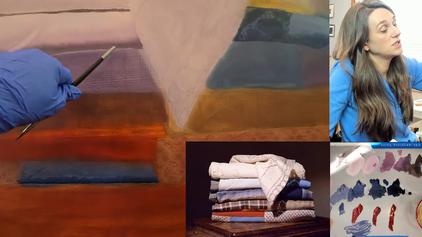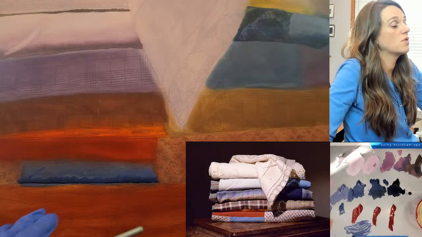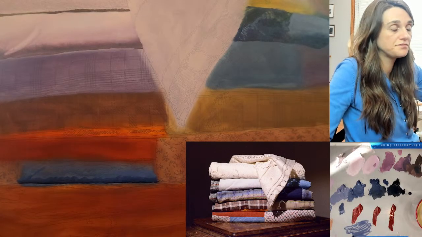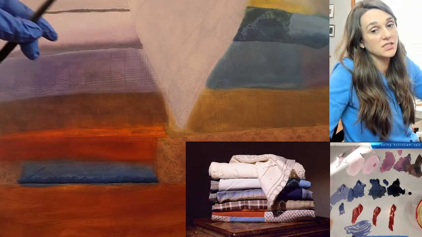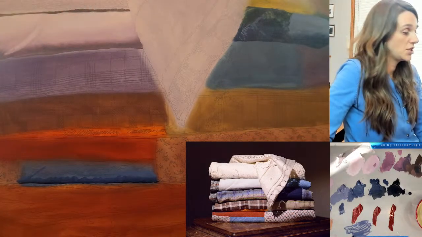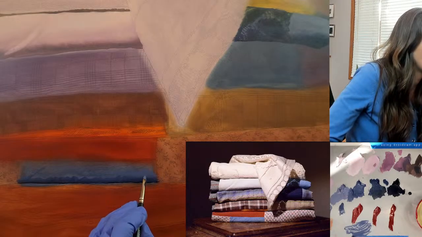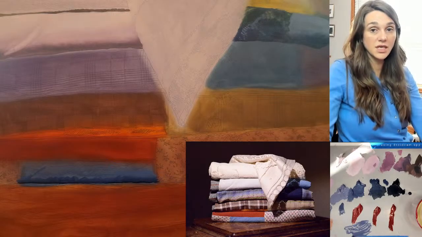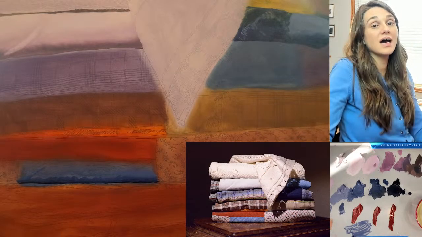I've got all these patterned fabrics. It could be incredibly overwhelming. And so I want to have areas where a viewer's eye is able to go and rest. These more simplistic fabrics are a great space for that to happen. So I want to make sure that I'm not unintentionally getting too bogged down in details in some of these areas, where I'm intentionally making sure I have spaces in the composition where a viewer's eye can go and rest.